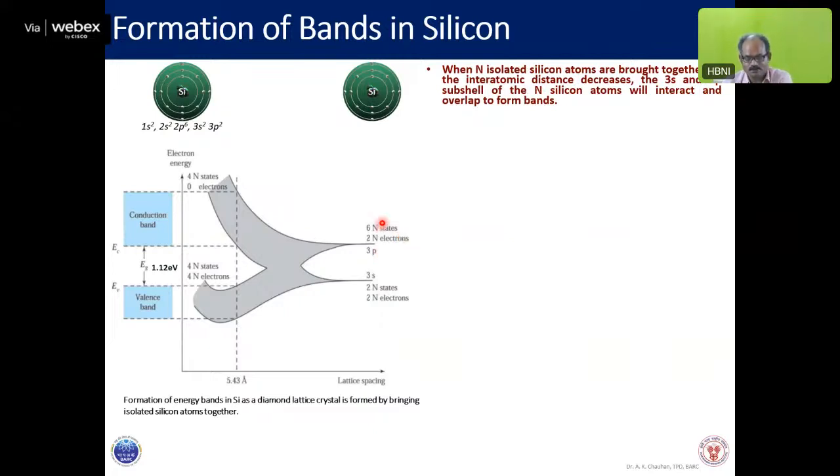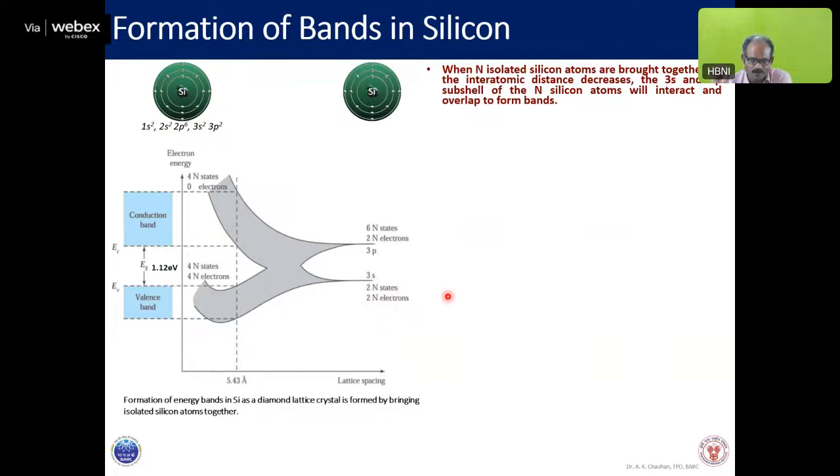You will have 6n vacant states. So you have the 3s state, which is lower energy, and the 3p state, which is slightly higher energy. You have 4n valence electrons because you are having n atoms.